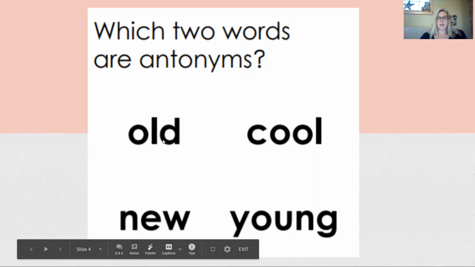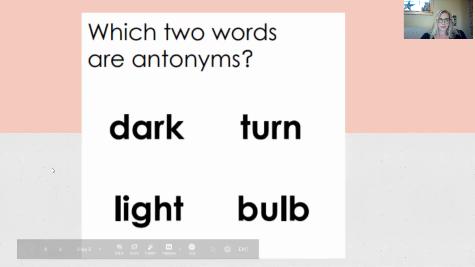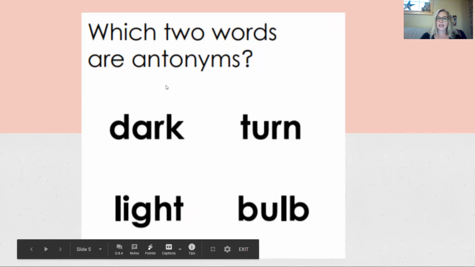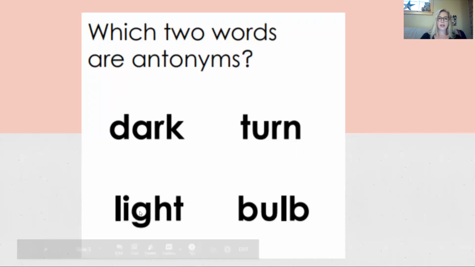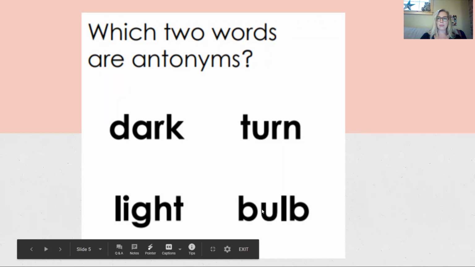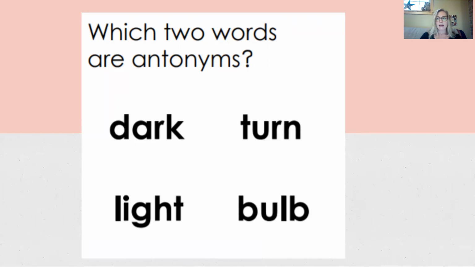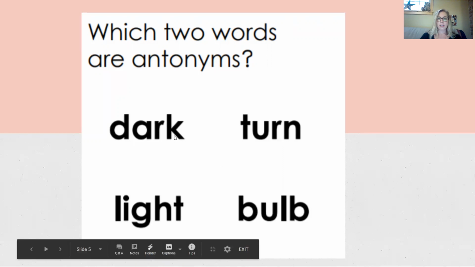You could do old or new. Which two words are the antonyms here? You have dark, turn, light, bulb. Well, if you're talking about a room, when you turn the light on or off, you could use dark and light.